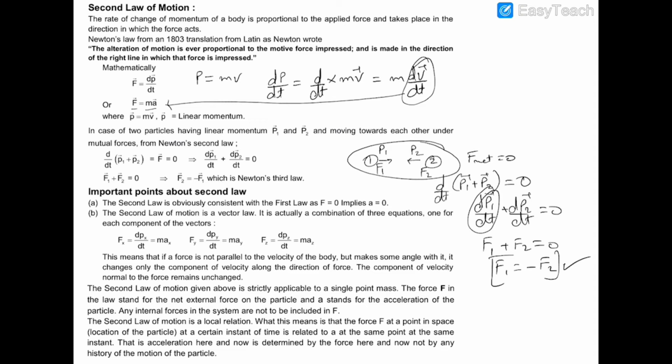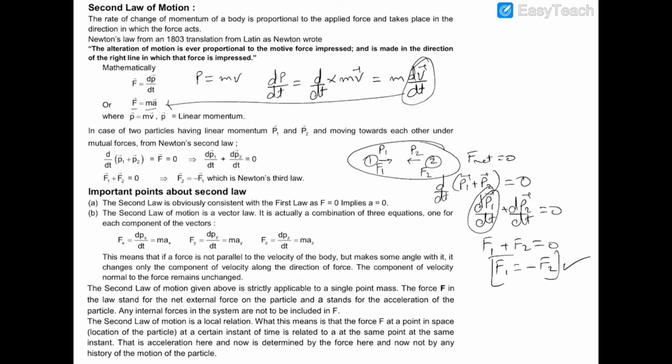And here momentum is the state of motion. If the body is in a state of rest, then its momentum will be 0, and if a body is moving uniformly in a straight line, then its momentum will be constant. So momentum will not change if that body is not acted upon by some force.